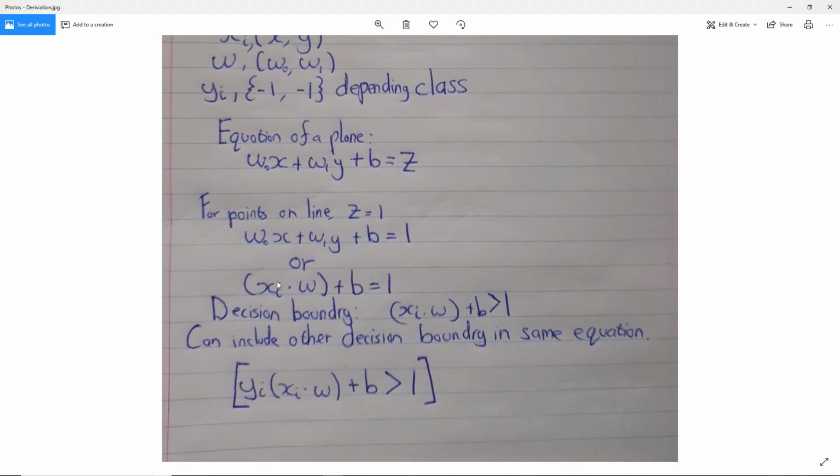So it's kind of a neat way of rewriting this, because now this decision boundary equation is going to work for both our positive values and our negative values. For our positive values, it's not going to change anything because yi is 1. For our negative values, this is going to be a negative number, and we multiply the negative number by -1, and we end up with a positive number that is required to be greater than 1.